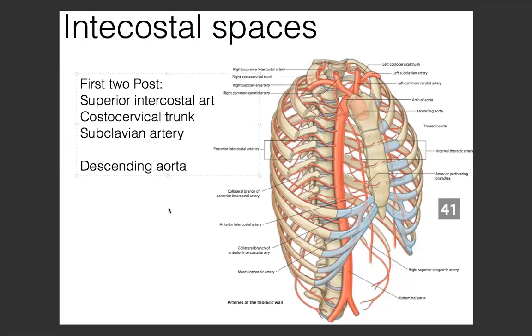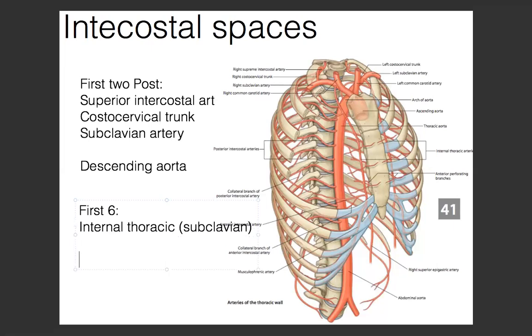So the blood supply of the posterior intercostal spaces is the first two from the subclavian, and the rest from the descending aorta. While anteriorly, the first 6 spaces take it from the internal thoracic artery, which comes from the subclavian again.